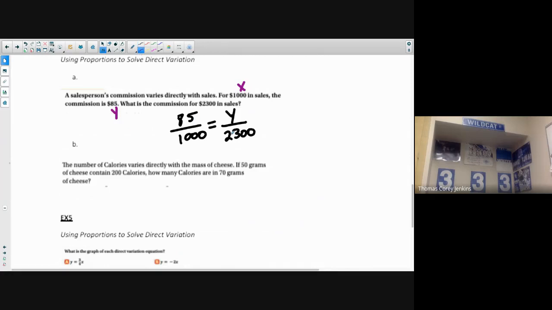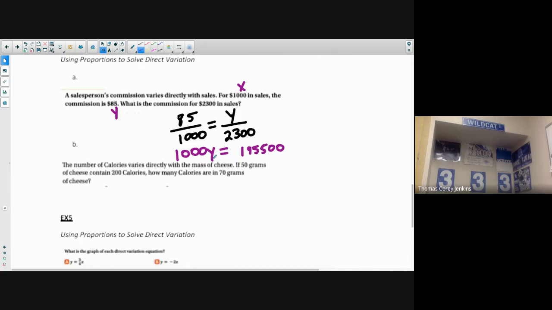So 85 times 2,300 is 195,500. And then divide that by 1,000, because we have 1,000 Y on our other cross product.